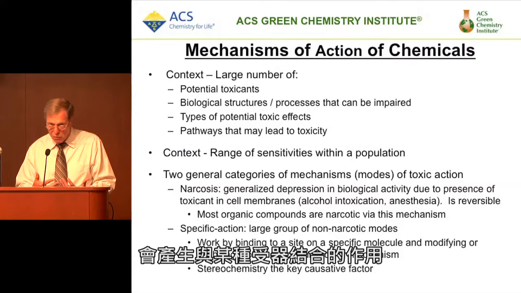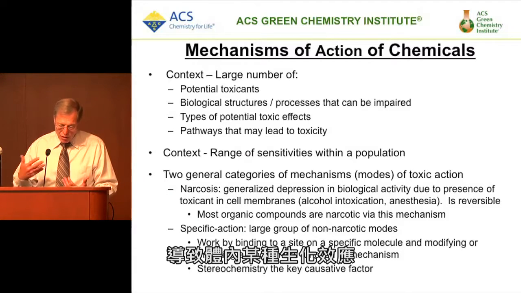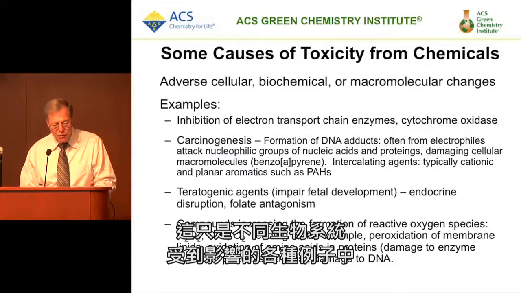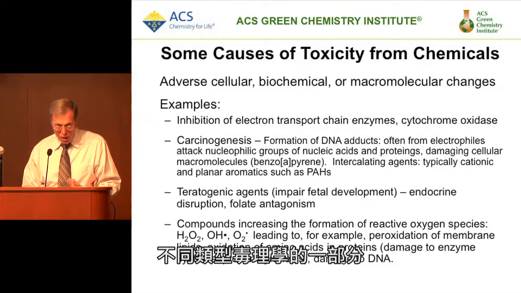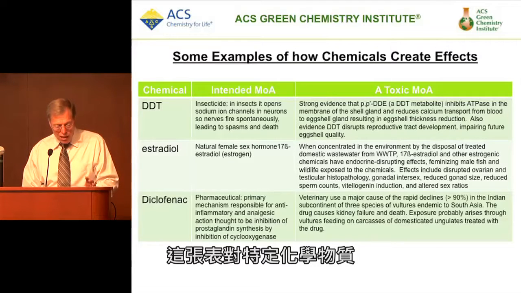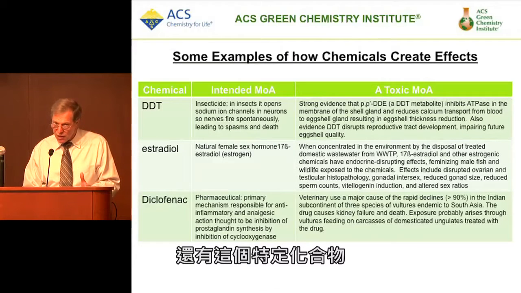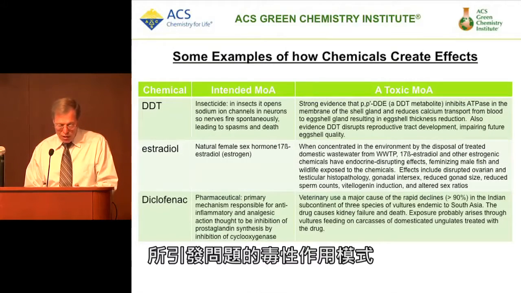So there's some type of receptor binding, and that leads to some kind of a biochemical effect within the body. These are just some notations on different types of toxicology, different examples of biological systems that can be impacted. Here's a table that illustrates, for some chemicals, the intended mechanism of action, and then the toxic mode of action that resulted in a problem with that particular compound.